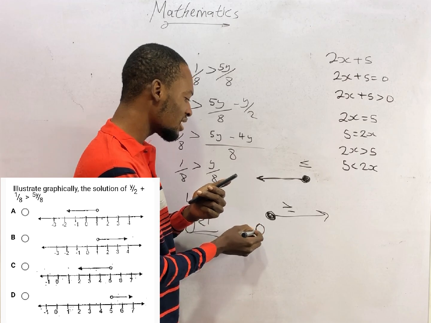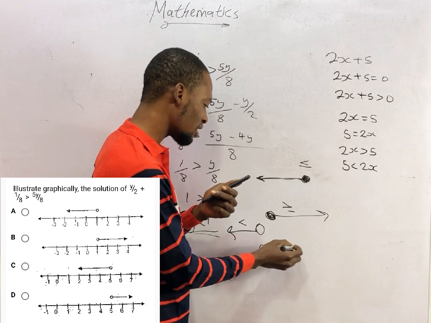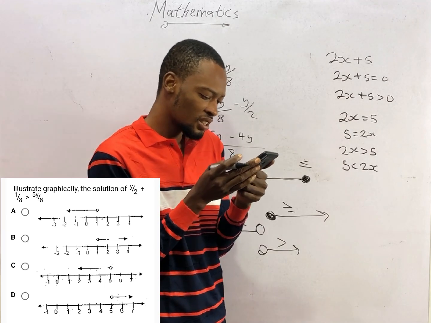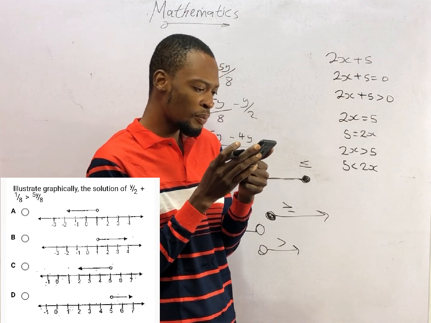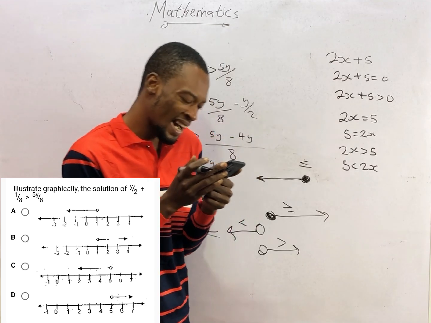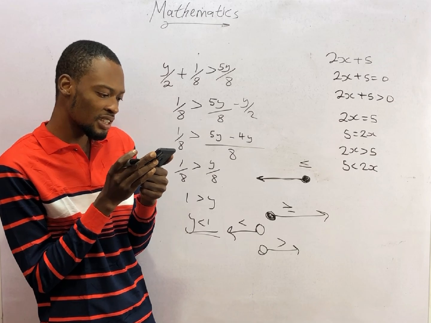But for normal thin ones like this, it means lesser than, and like this, greater than. So looking at all these graphs, the most appropriate is option A, which shows that y is lesser than 1. Option A is the correct option.